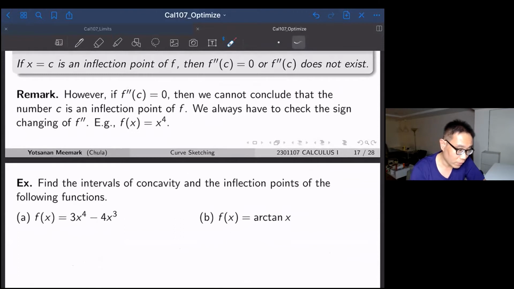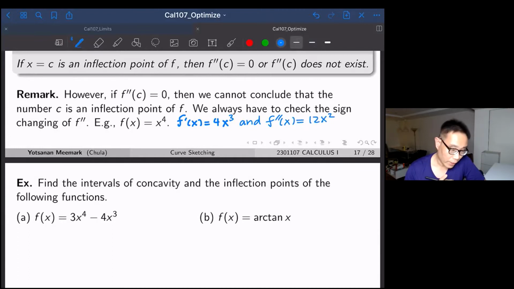f(x) equal to x to the fourth. The first derivative is 4x cubed, and the second derivative is 12x squared. If you let this equal to 0, you get x equal to 0.